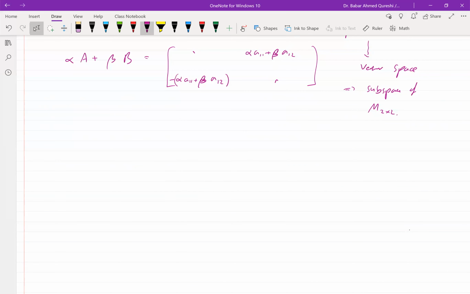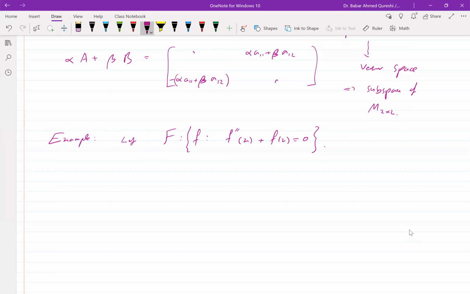Let's take another example. So all the functions which satisfy this equation, whose double derivative plus the function itself is 0.